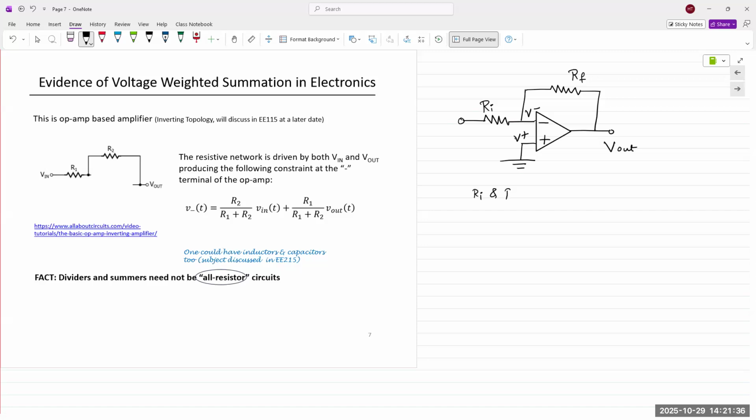But Ri and Rf together form a voltage divider network. Exactly the same thing as we saw previously.